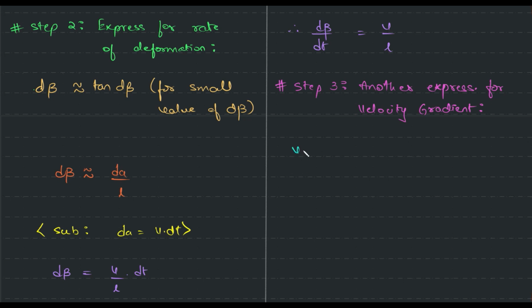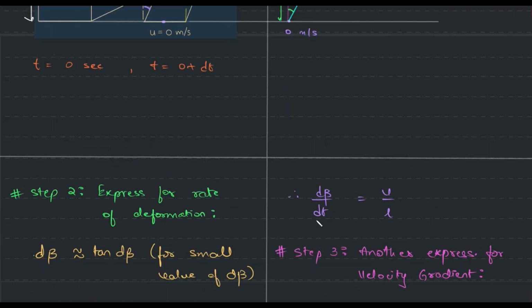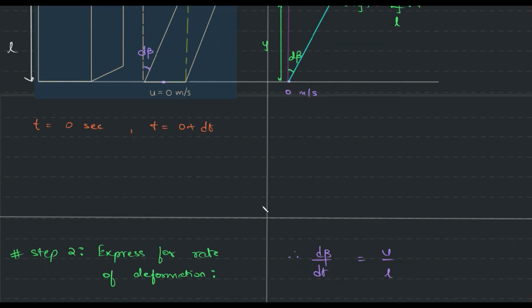See, from the figure we understand that the velocity at a particular layer at height y is given by y by L times V. Okay, we got it from the figure.